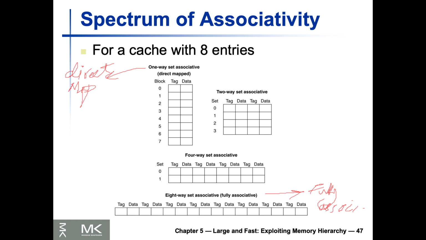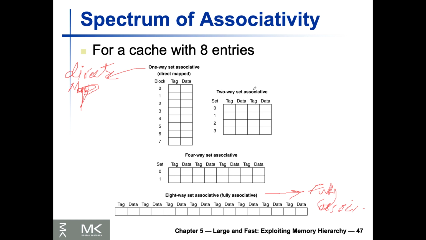So in this cache we have 8 entries, so 8 blocks, 0 to 7. If you have only one way to map it, it's a direct map. So you can call it one way set associative, but everyone will call it a direct map because by the number of tag you can just find the specific block. Okay.